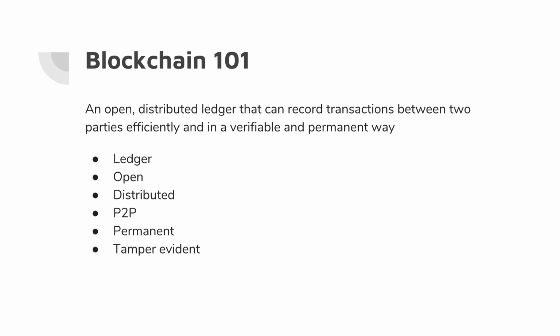It is distributed among all the computers that are part of this network, and all the communications that are happening in this blockchain network are peer-to-peer. So it is a P2P ledger, P2P protocol, and the ledger is permanent in the sense that we can't destroy this ledger by deleting one single file, and all the transactions that happen in this blockchain network are tamper evident in the sense that we can check if a transaction or a block is tampered with.